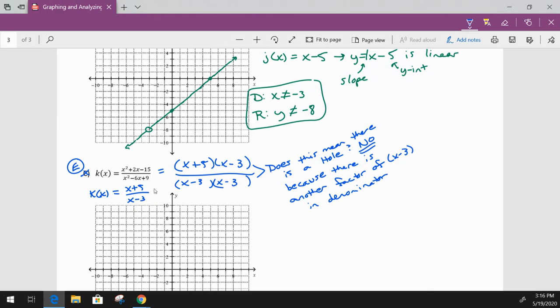So we still have an x minus 3 in the denominator. So this is actually going to be a vertical asymptote at x equals 3, because 3 would make the denominator equal to 0. What would make the numerator equal to 0? Negative 5. So x equals negative 5 is a 0, or x-intercept.